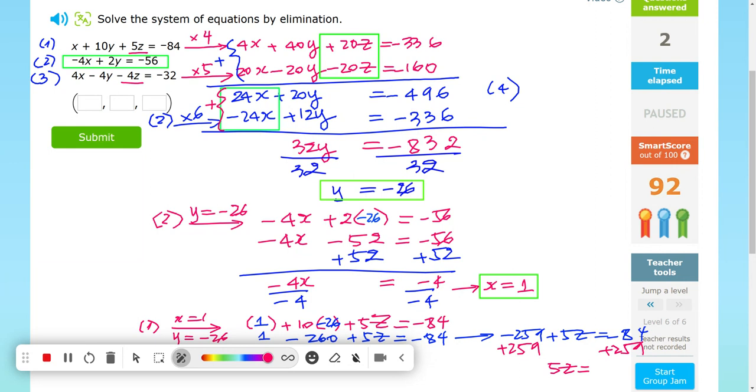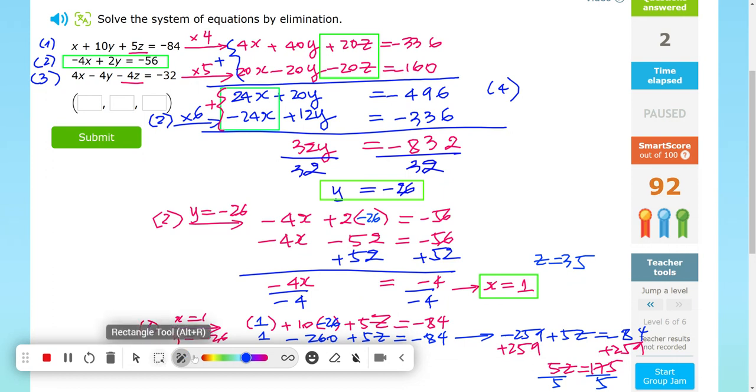It comes out 175. And I divide 5 on both sides. So 175 divided by 5, I come out 35. The number is big. I put right here, z equal 35.